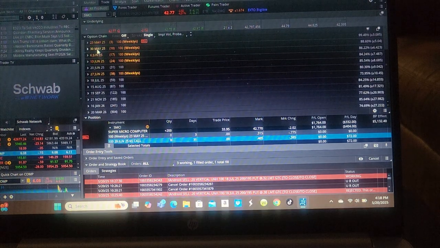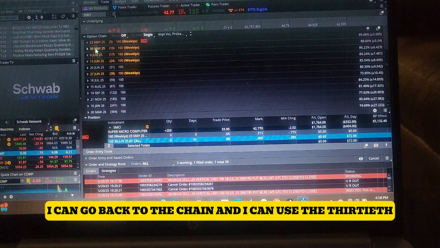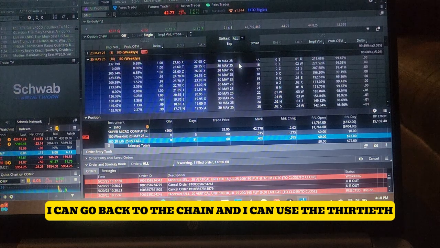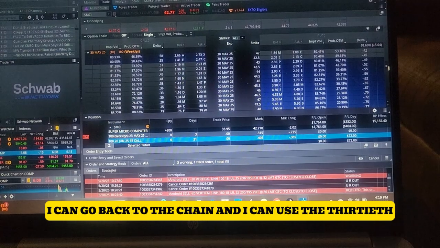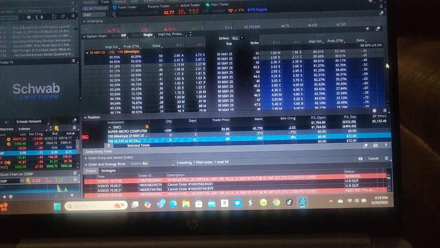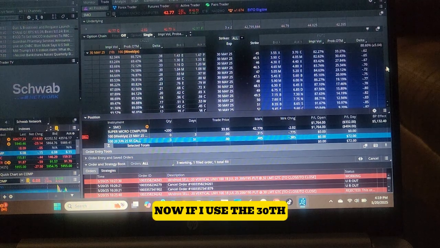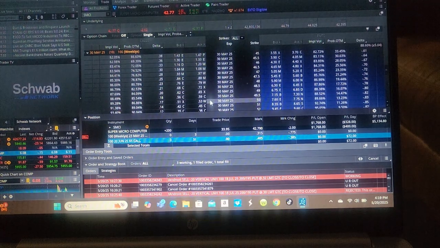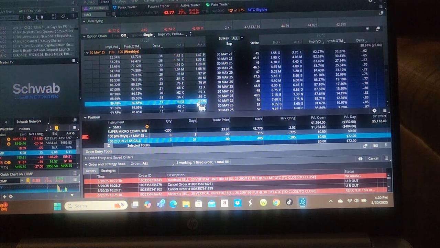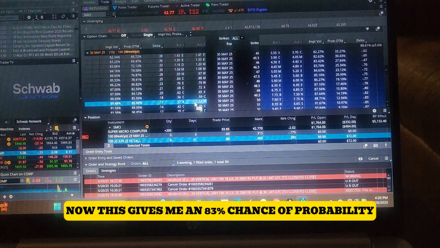In fact, I don't even have to use the upcoming Friday's expiration date. I can go back to the chain and I can use the 30th. Now, if I use the 30th, I can go to $50. Now, this gives me an 83% chance of probability, and there's more premium.